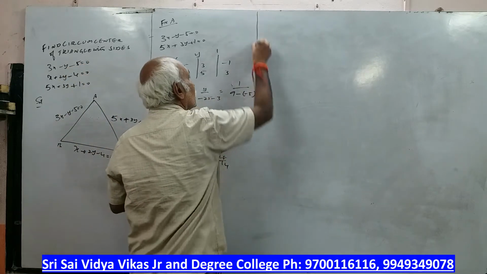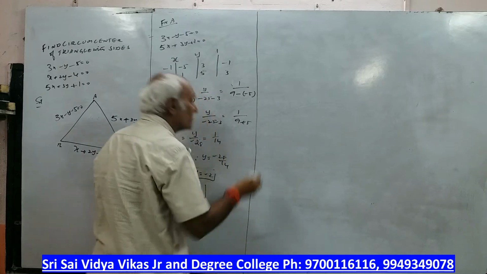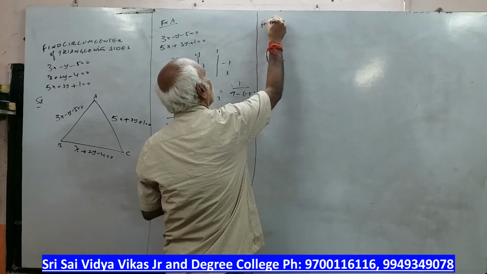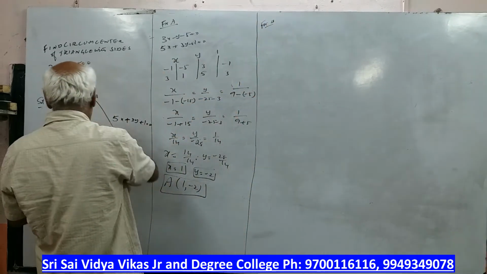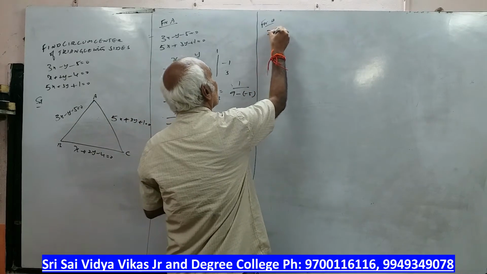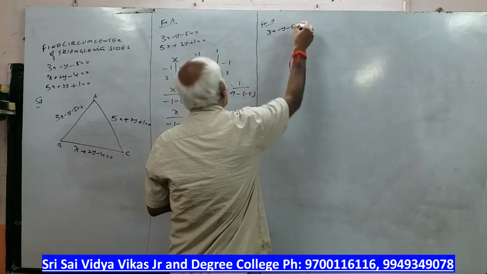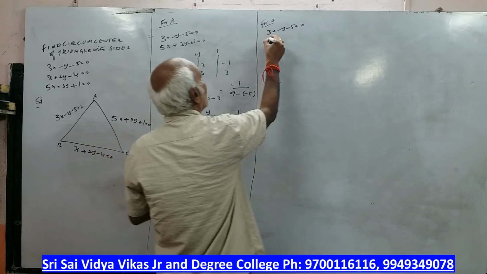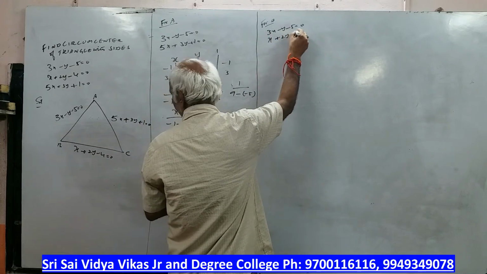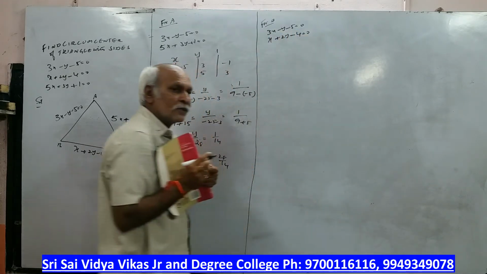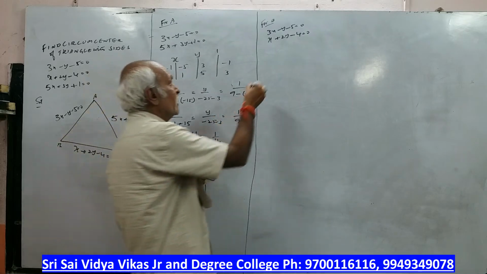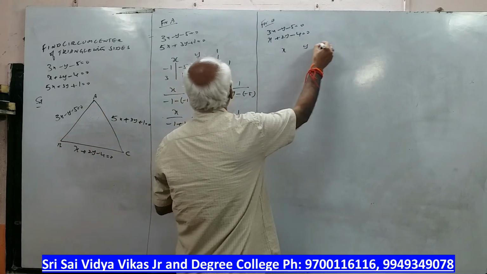Again, look at here, why it is 7 marks, you will understand now. For B, which equations do you have to consider? 3x minus y minus 5 is equal to 0. X plus 2y minus 4 is equal to 0. So again x, y, 1.